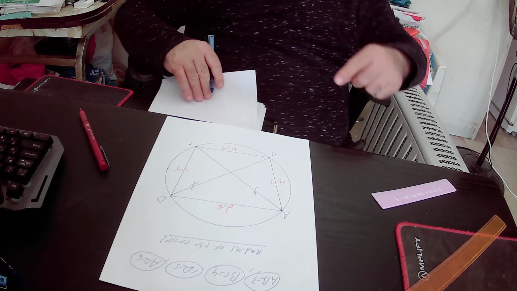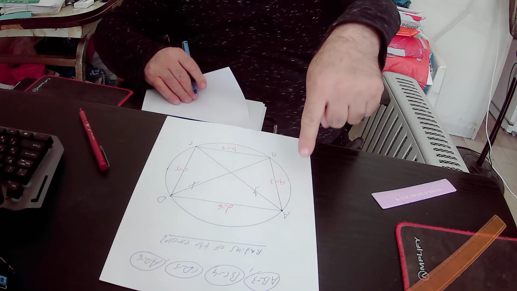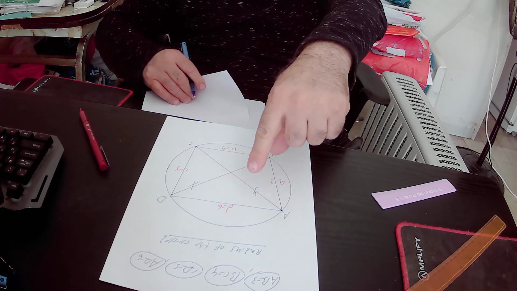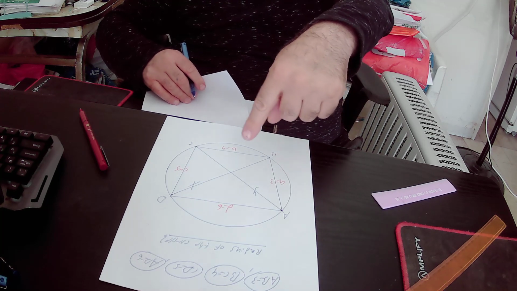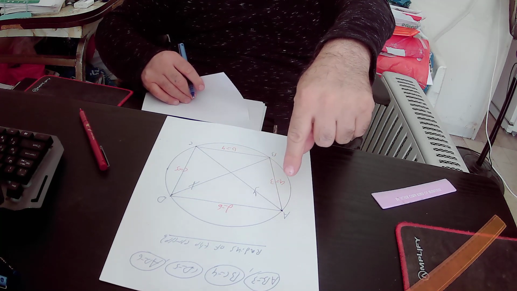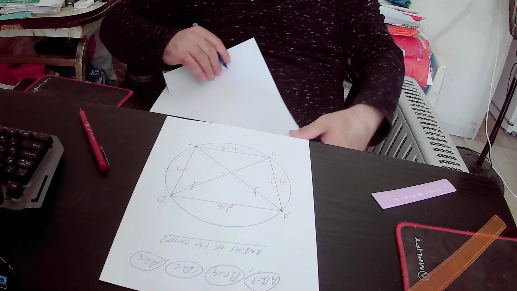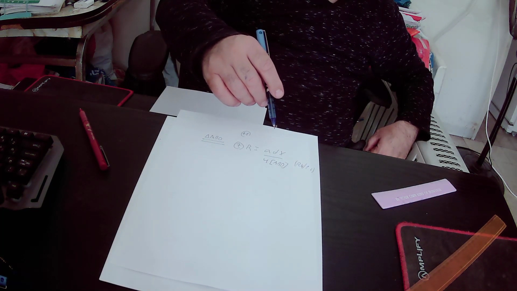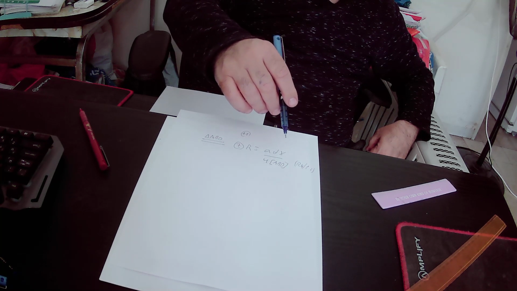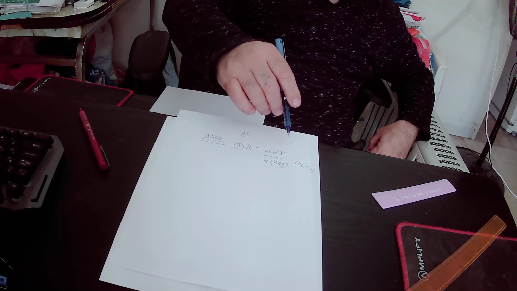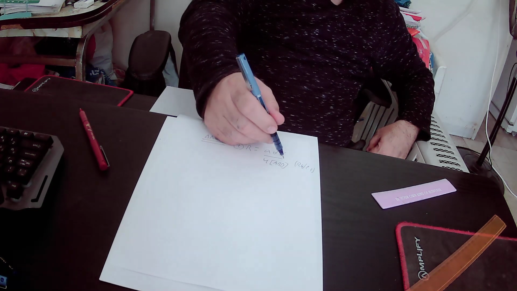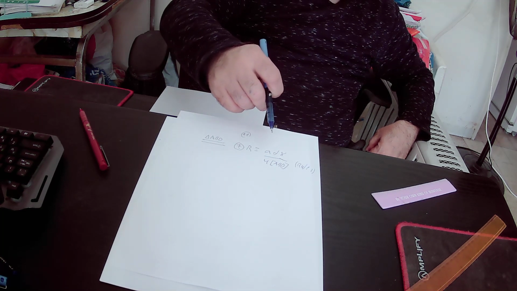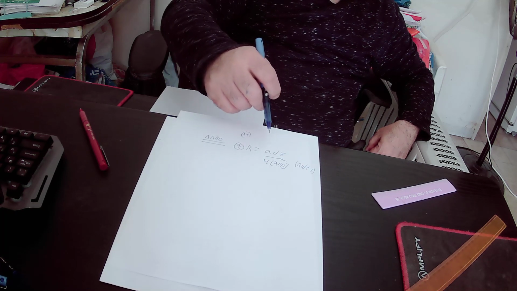Here we will multiply equation number 7 by the area of triangle ABD.